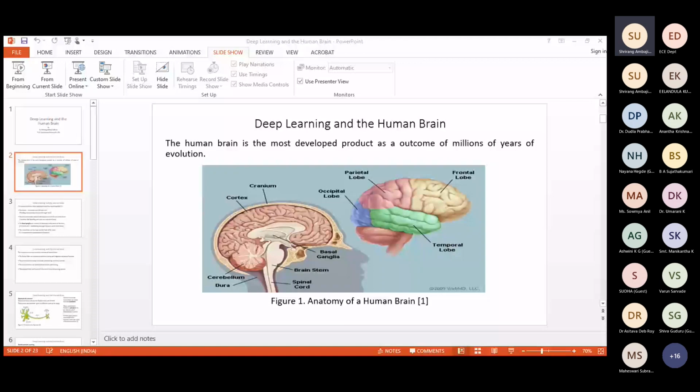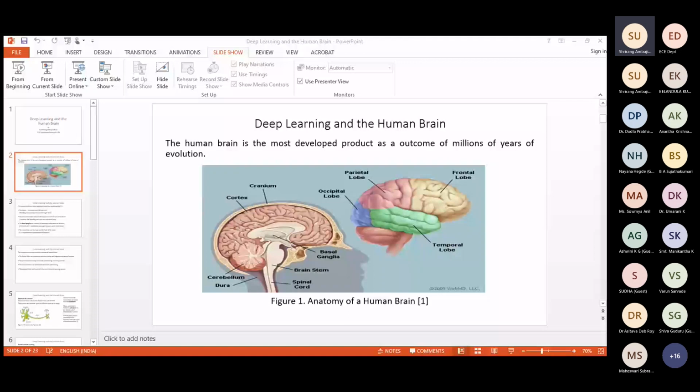The basal ganglia, which I've highlighted here, are a cluster of structures in the center of the brain, involved in coordinating messages between other brain areas. The cerebellum, at the base or the back of the brain, is responsible for coordination and balance.